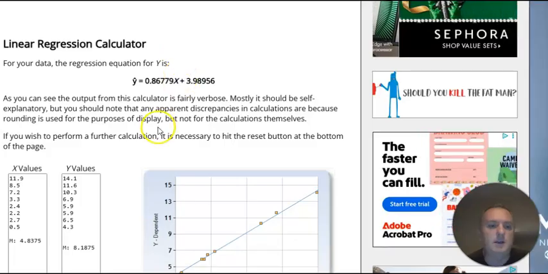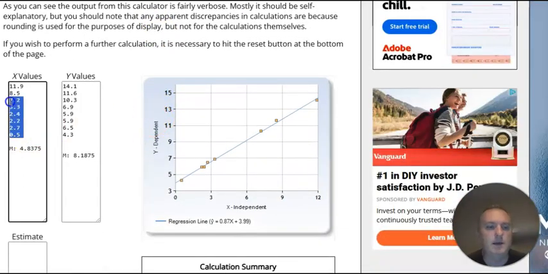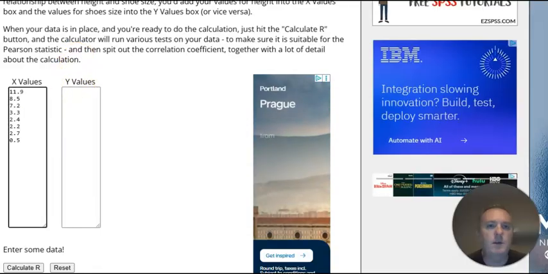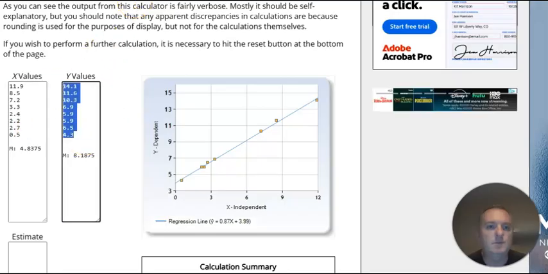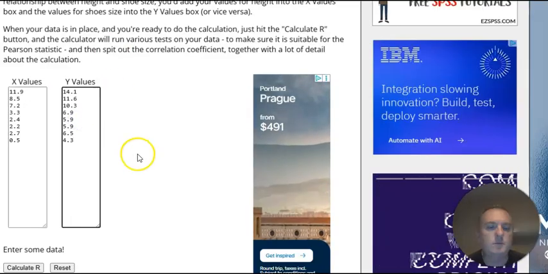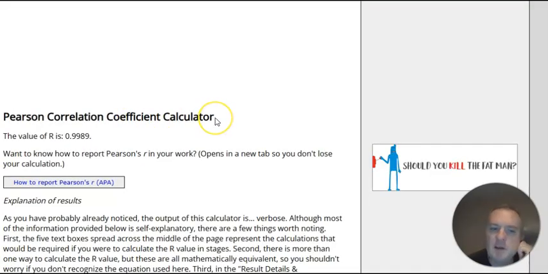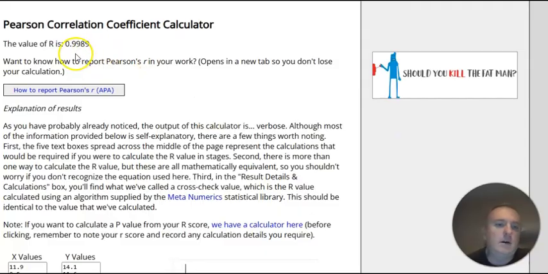I think the easiest thing to do would just be to go back to our previous calculator if you have that tab open, and now we can just copy paste.